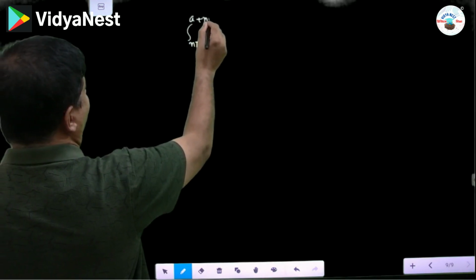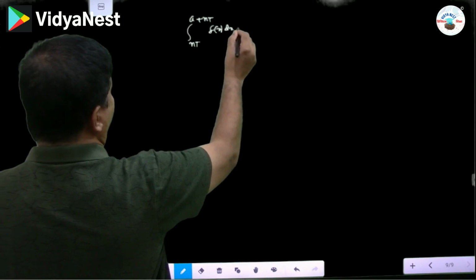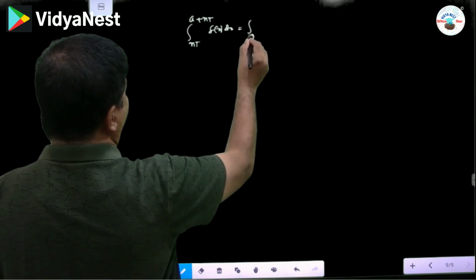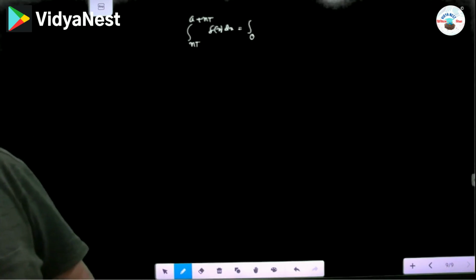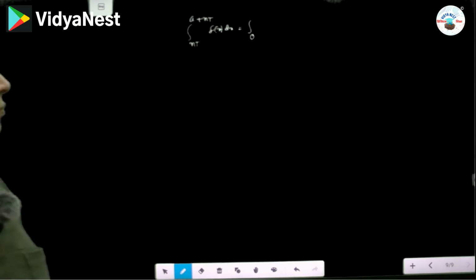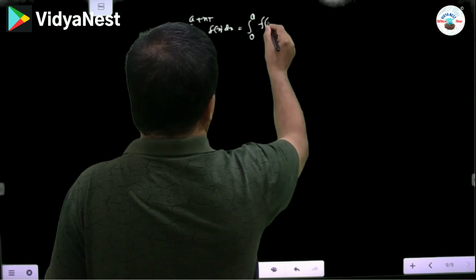Integral 0 to a plus nt fx dx is equal to integral zero to a fx dx.